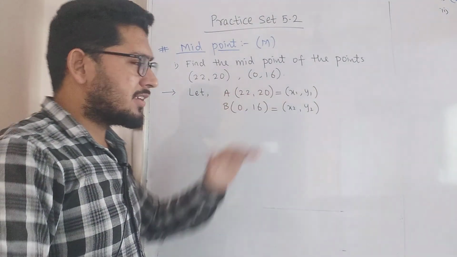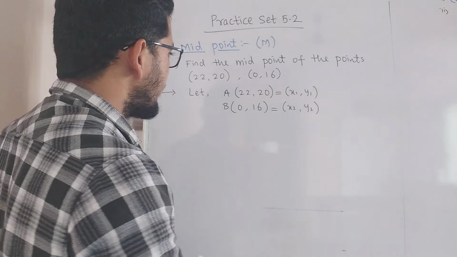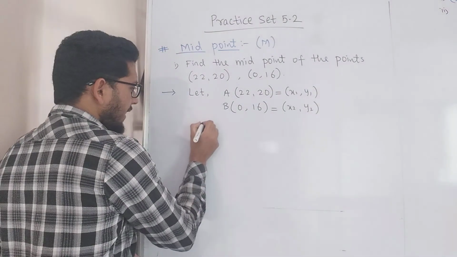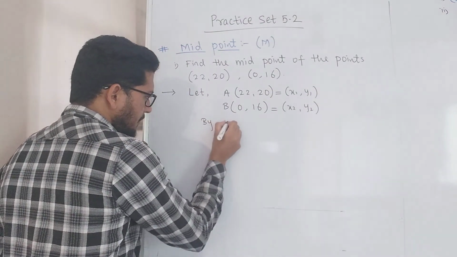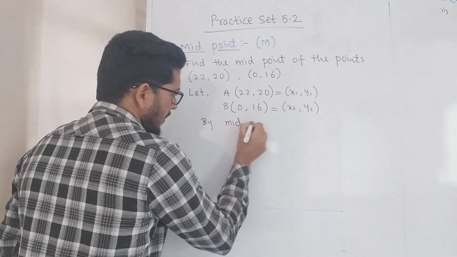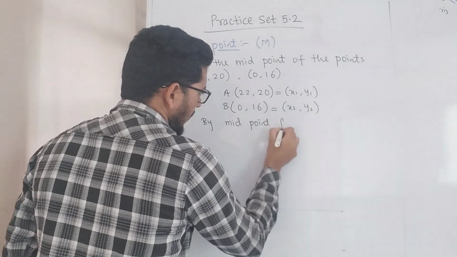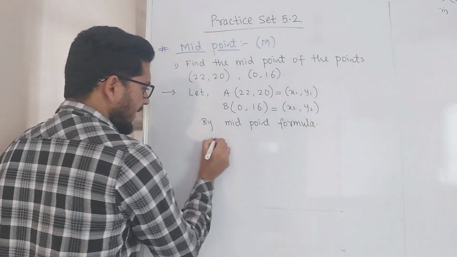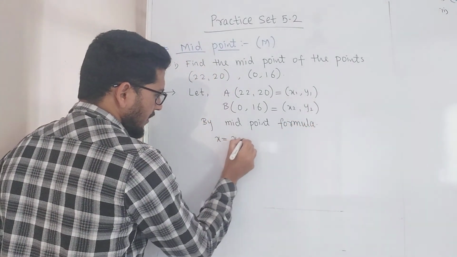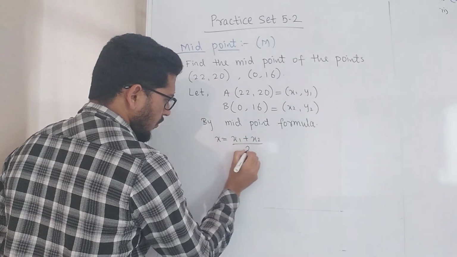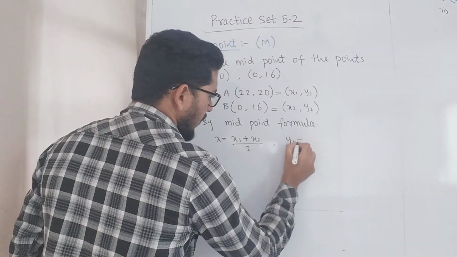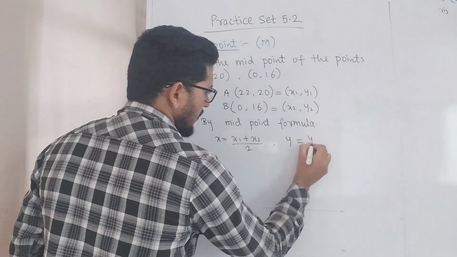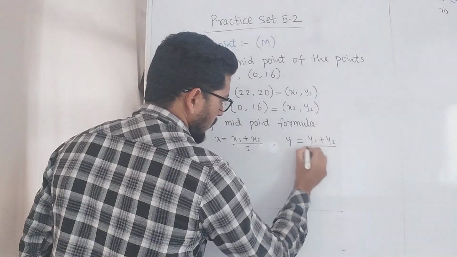Okay, after supposing these coordinates, now we will use the formula of the midpoint. So we'll write by midpoint formula, x equal to x1 plus x2 upon 2 comma y is equal to y1 plus y2 upon 2.